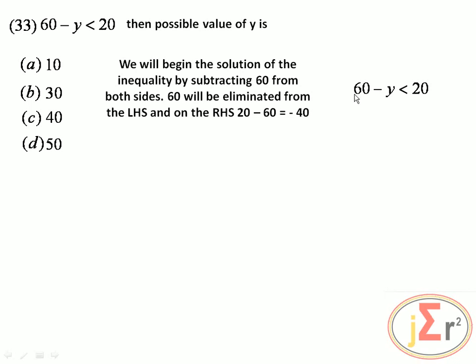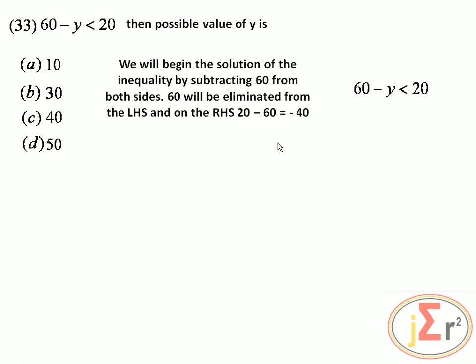In eliminating 60 from the left hand side, we will subtract. So 60 minus 60 is 0. We cannot leave it like that. We have to subtract 60 from the right hand side also. So we will subtract 60 from both sides.